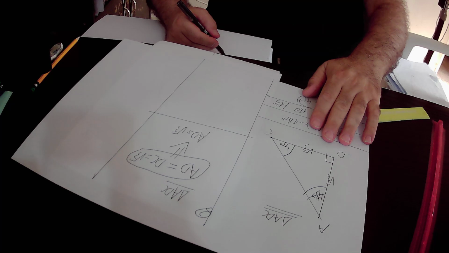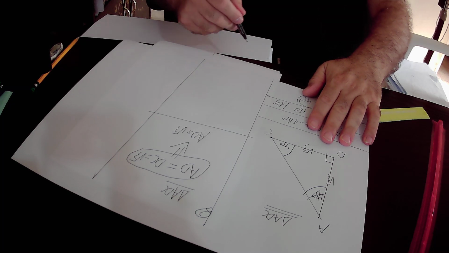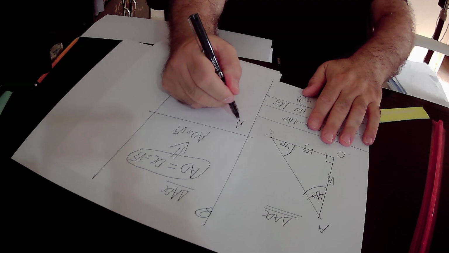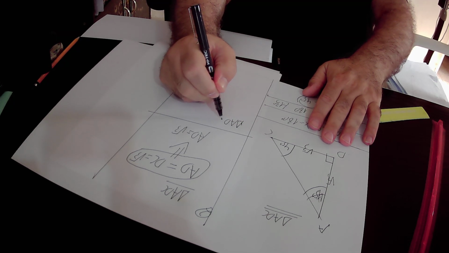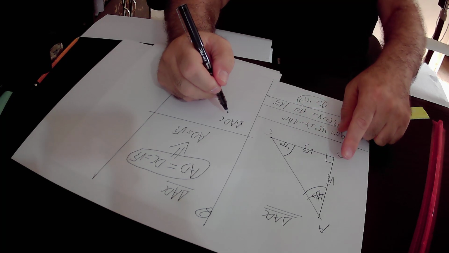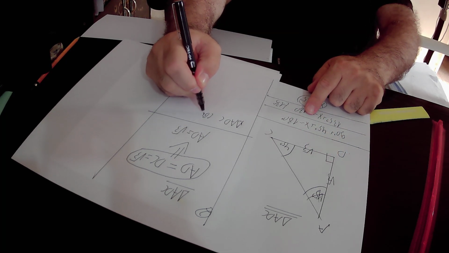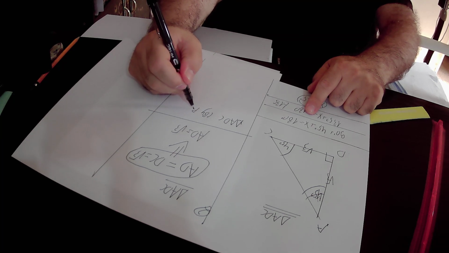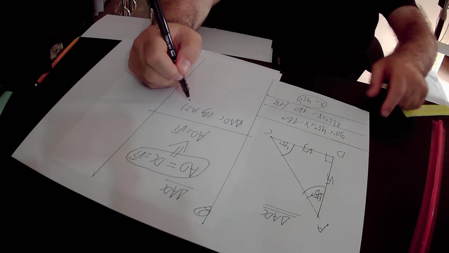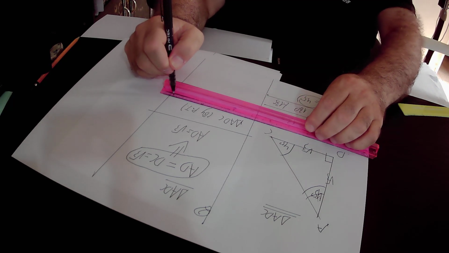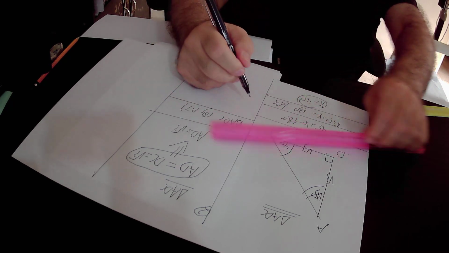In the next step, we will implement the Pythagoras theorem on this right triangle, triangle ADC, in order to find out the length of the hypotenuse AC. Here PT is the relation for the Pythagoras theorem. According to the Pythagoras theorem, the square of the hypotenuse equals the sum of the squares of the perpendiculars.